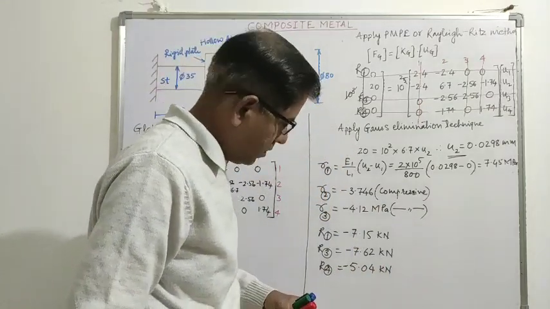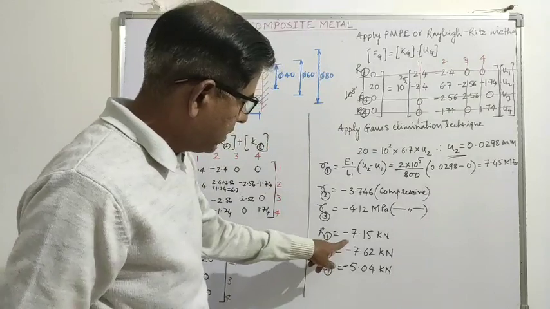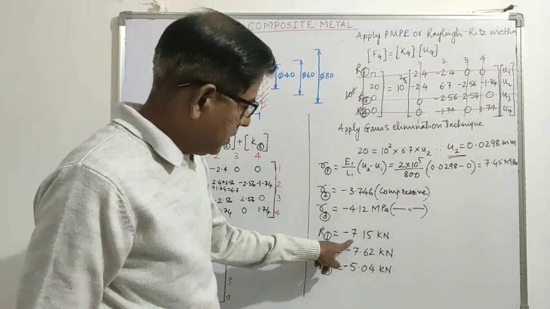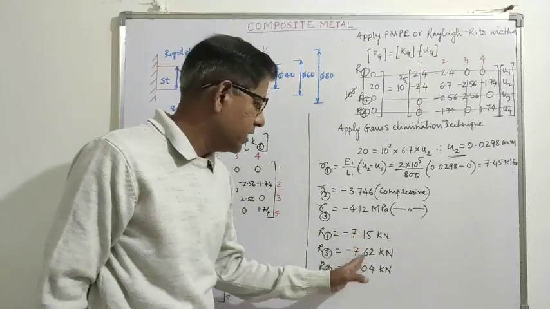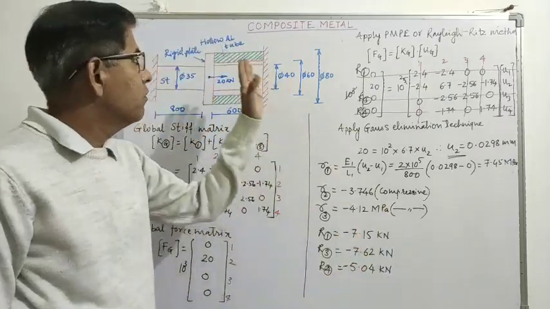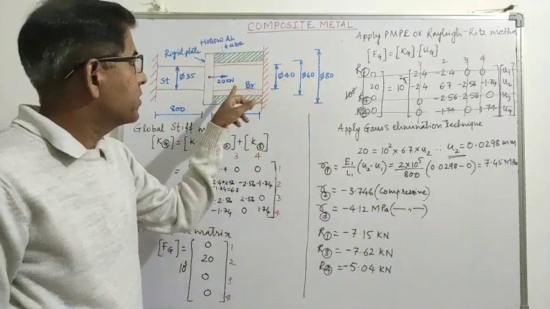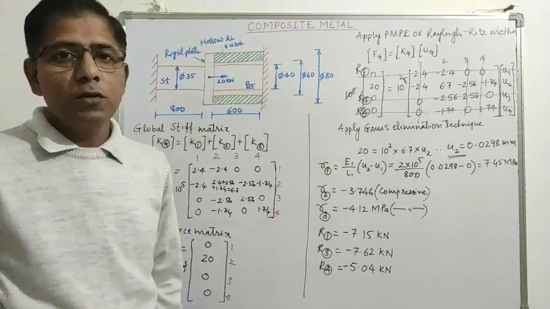Okay. So here you can see that if you do the summation of all the three reactions, then it comes out to be minus 20, which is equal and opposite to the external load of 20 kilonewton.